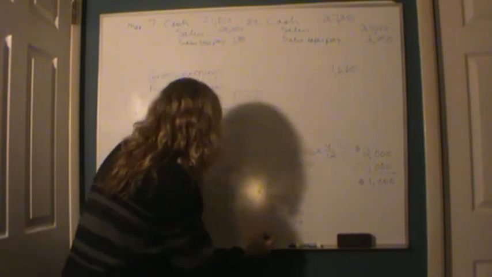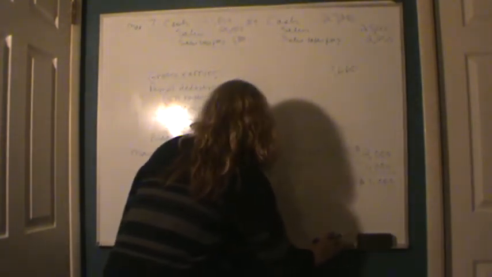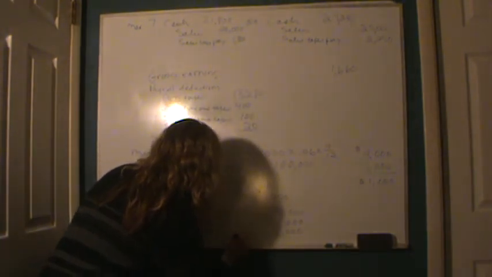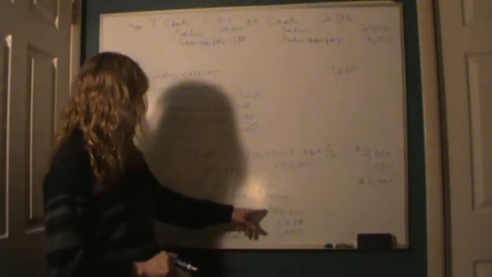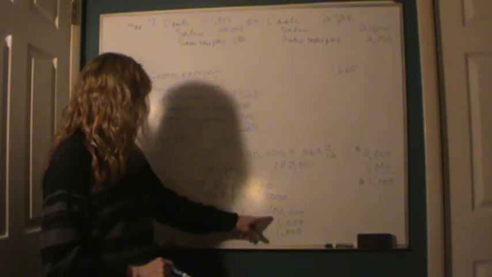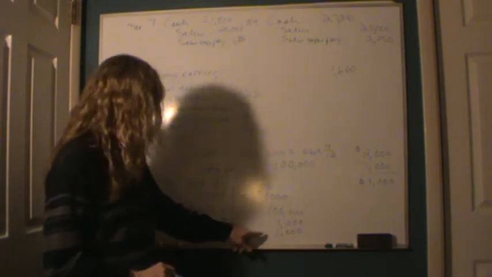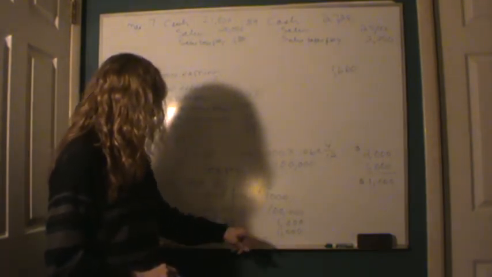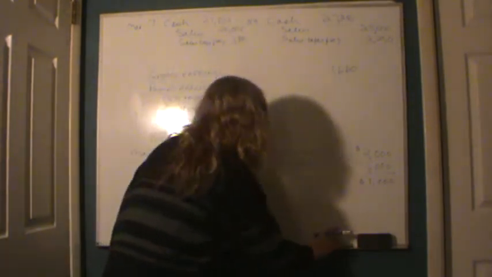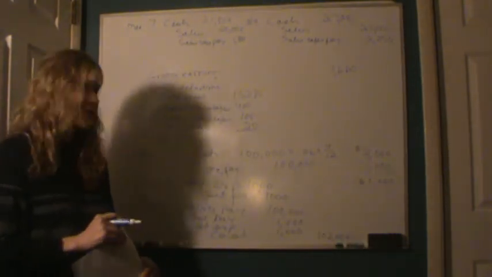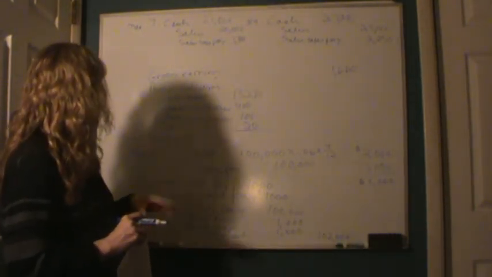So we're going to go ahead and debit interest expense for $1,000. We will credit cash for all of this, for the $100,000 note payable, $1,000 in interest payable and $1,000 of interest expense, because we're paying it off. So we're going to actually credit cash for the entire $102,000.